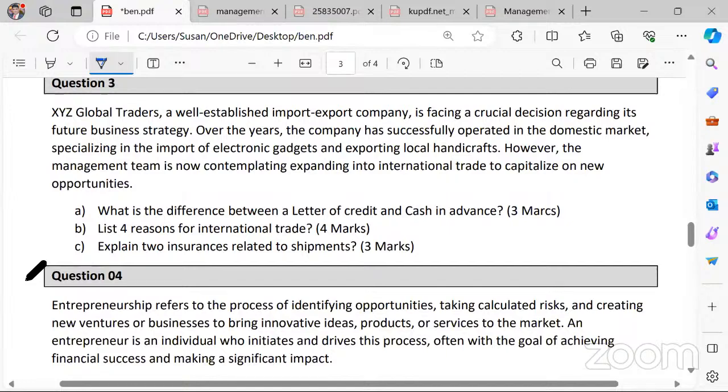List four reasons for international trade. Why international trade? Why are people doing transactions internationally? Internationally, what are they doing? They are sending goods overseas. They are buying from overseas.